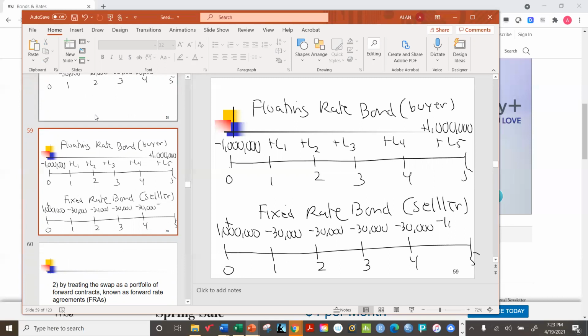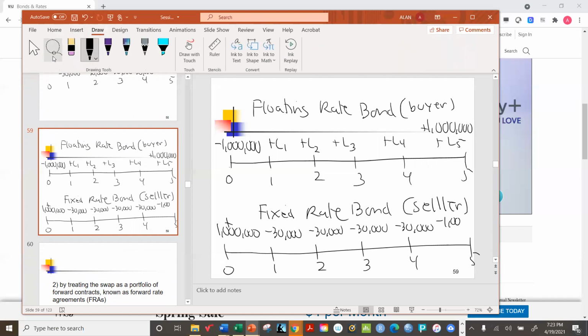And then at the end I pay $1,030,000. Or I'll leave it like this, minus the 30, a million, minus 30. Now, in the bottom, you can clearly see this is the position I would be in if I were the fixed rate bond seller.